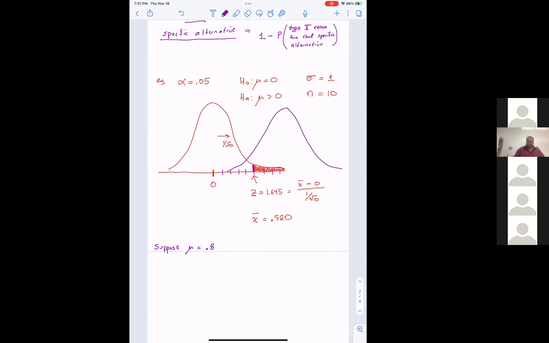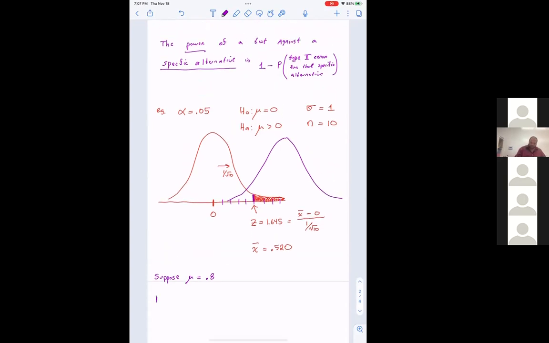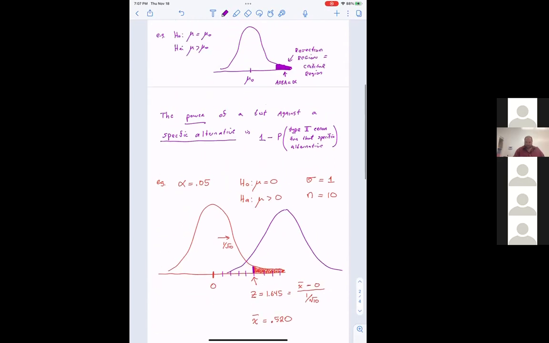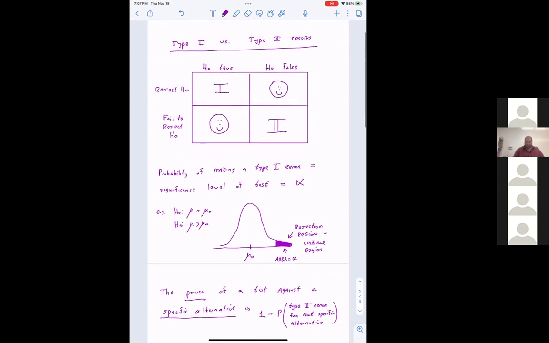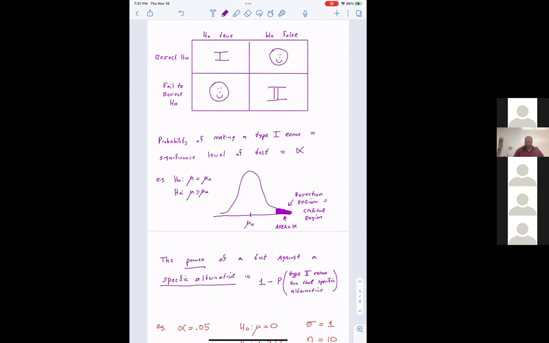Yes. Okay, so what's the probability of making a type 2 error if mu is actually 0.8? Well, let's think about it. What is a type 2 error again? What does it mean to make a type 2 error? When the null hypothesis is false, but you don't reject it.